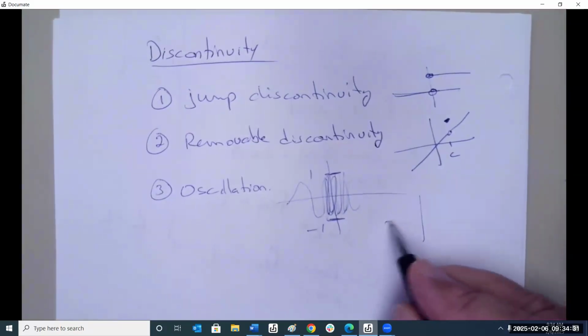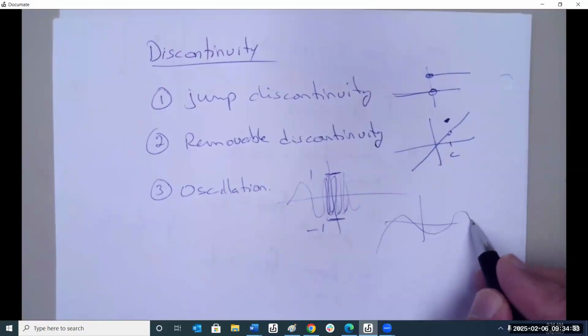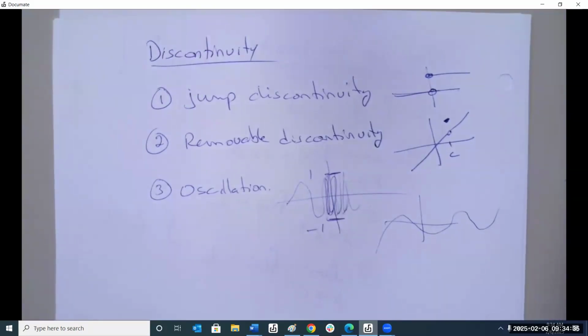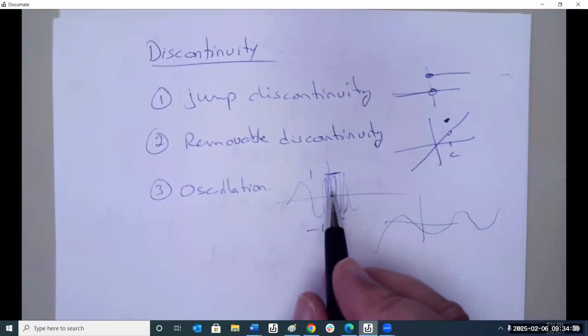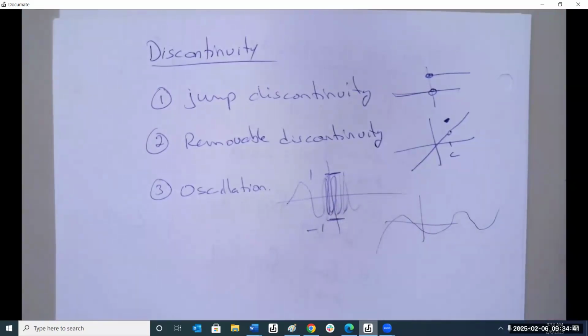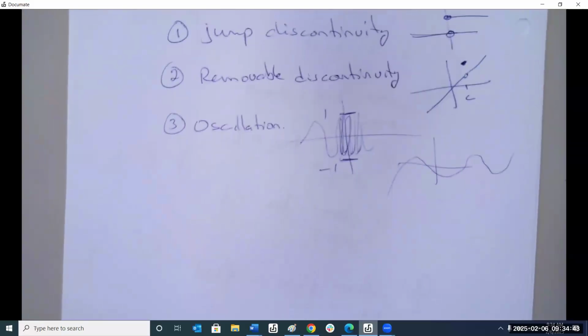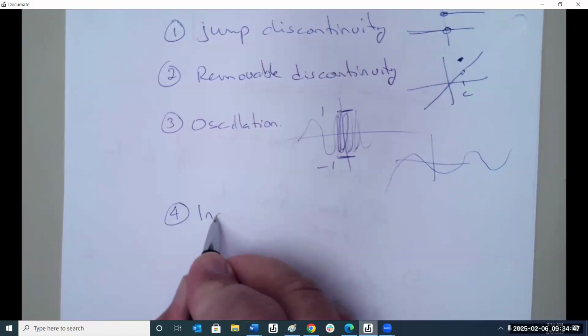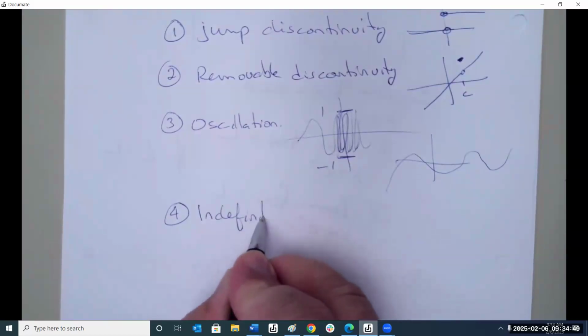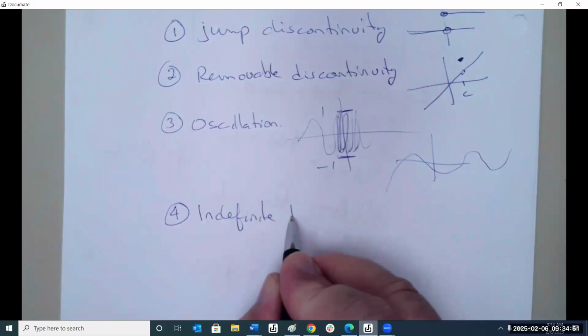Well, we know that the sine and cosine functions oscillate, but it's gradual as opposed to a very sporadic oscillation. And then we have an infinite discontinuity.